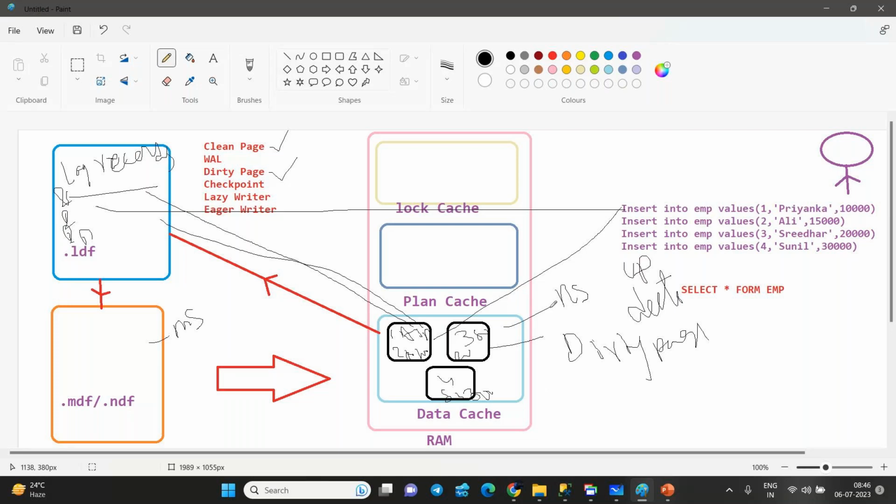So what is the log cache? Log cache means this operation will be maintained in the log cache also. Caches are all temporary. Locks are very important, we will see them at the advanced level. Whenever you are performing anything, SQL Server will place locks like shared lock, exclusive lock, update lock, intent shared lock, intent exclusive lock, intent update lock, and there are latches, page latches, page IO latches.